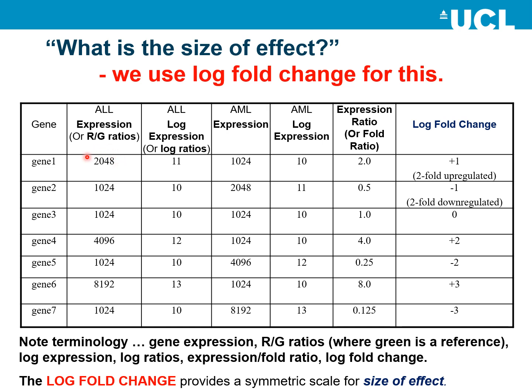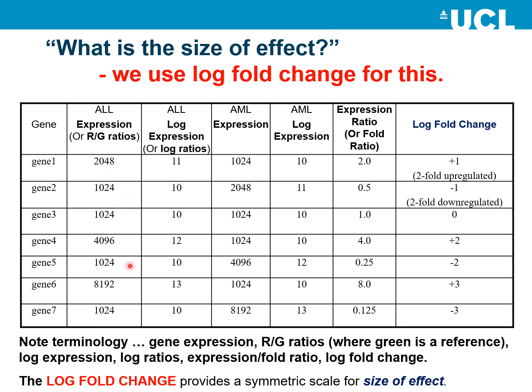The expression is essentially the intensity of the spot, and it gives a sense of how many mRNAs are actually bound, because that intensity relates to how many messenger RNAs, or fragments of messenger RNA, are bound, with each one providing a fluorescent probe to increase the intensity.